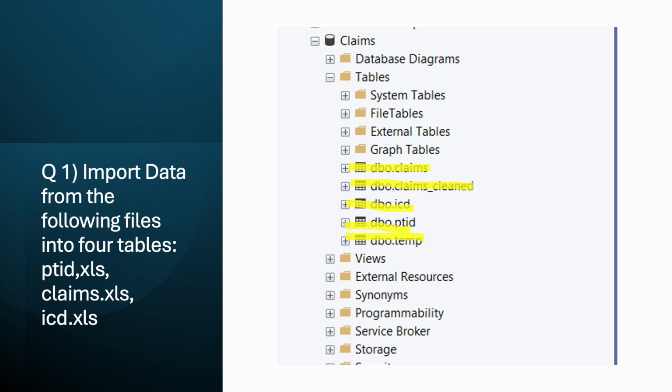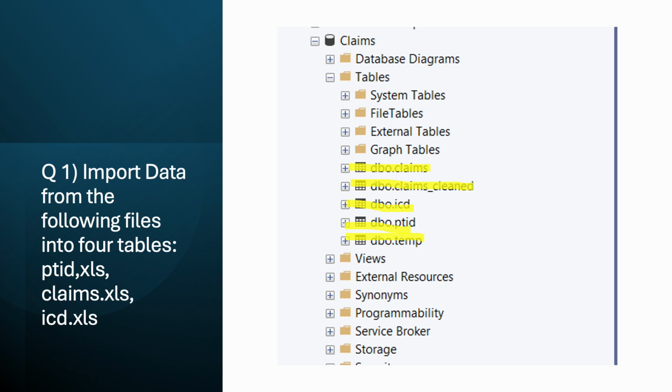Before that, I'm sure I didn't do it on my slideshow, but we need to import 3 files: ICD, claims, and patient ID spreadsheet files. We import them through our CSV files to task, and then import flat file. And my data, I pick claims.